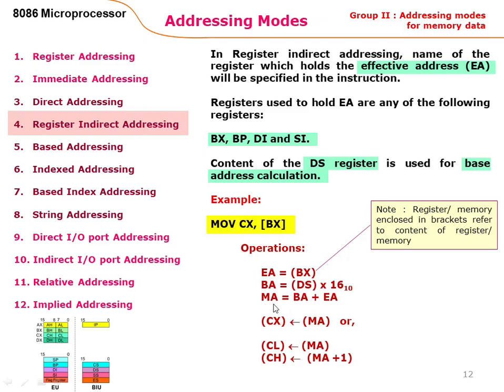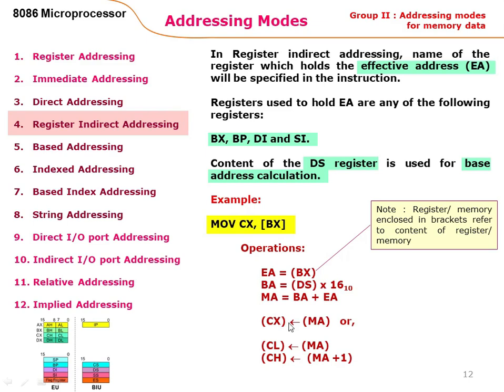So the memory address is equal to base address plus effective address. Now this shifted data segment value and BX value are added to generate the memory location. At this memory address some value is stored in the memory, and that value is copied into the CX register.